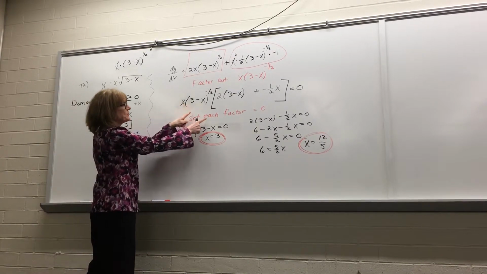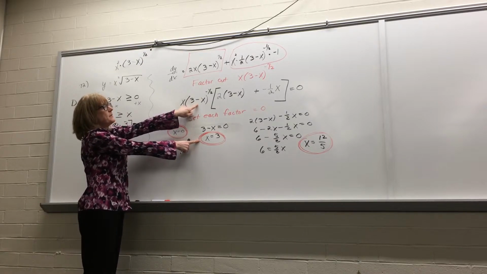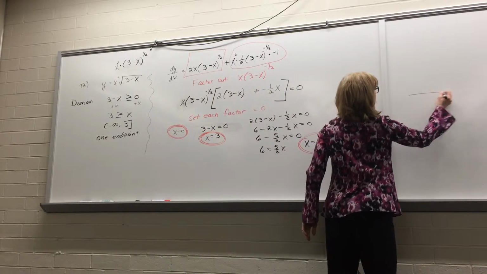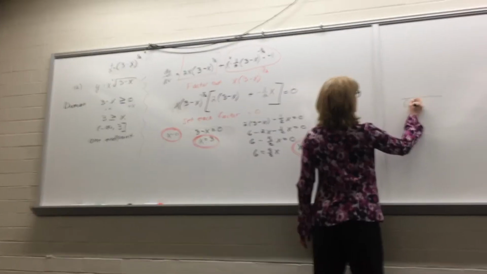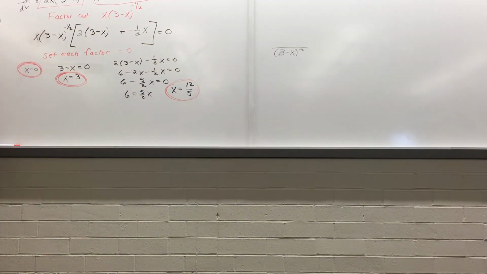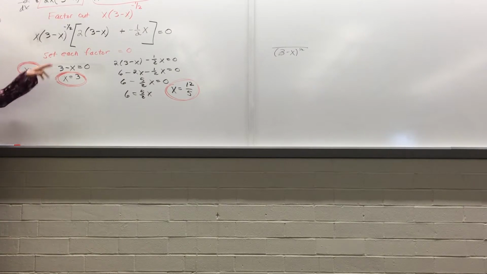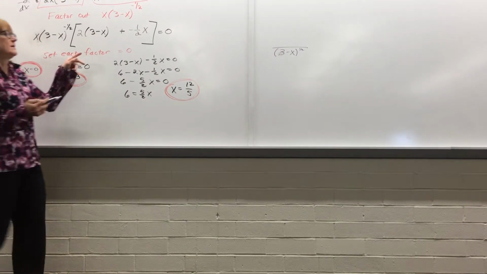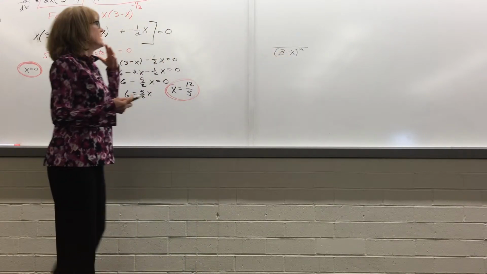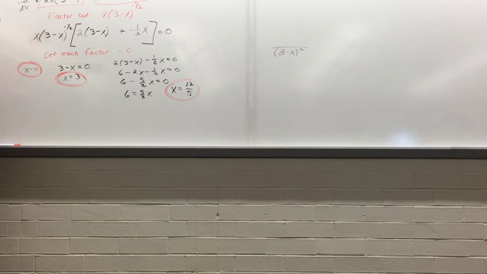When I set this factor right here equal to 0, because this factor has the negative exponent, and we know anytime you have a negative exponent, a negative exponent means that it is in the denominator. And so by taking that factor and solving it, that x equals 3, that gives me where it is undefined. So this whole process does take into account where the derivative is 0 and where the derivative was undefined. So it's all built into the process.